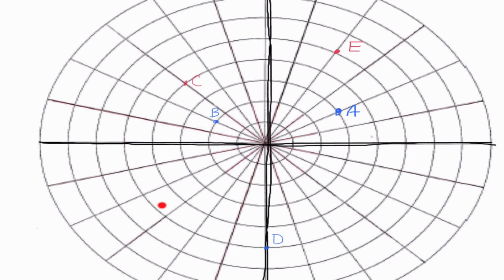So I'm going to go 180, 210, 240. Now notice we already put a point there, and that's okay. I'm also going to label this point F. And this is just going to show that in a polar graph, we can have two different names for the same ordered pair.